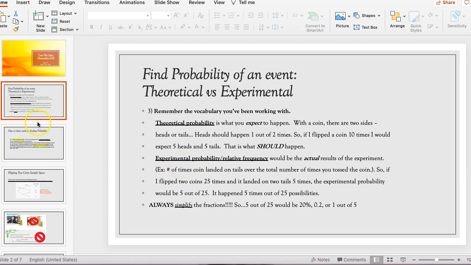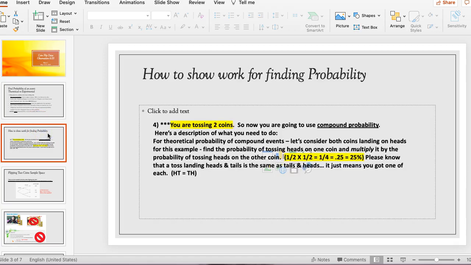Okay, moving on. How to show work for finding probability. This is key to getting all of the points that you would like for the assignment. The rubric requires that you show your work, meaning what did you multiply or maybe add to find the probability. So this is taken from the document Ms. Dannon made.